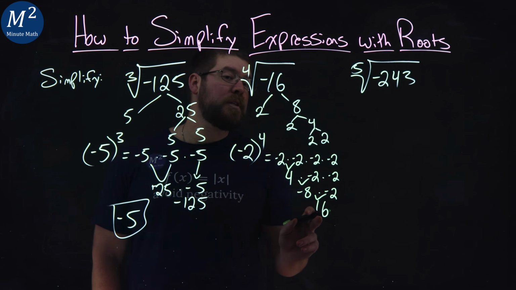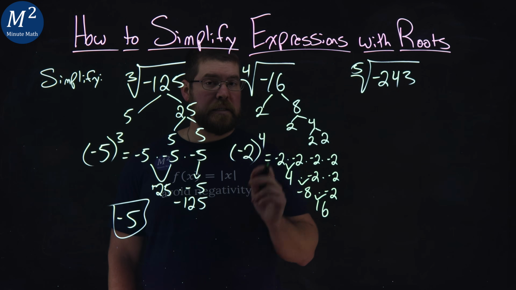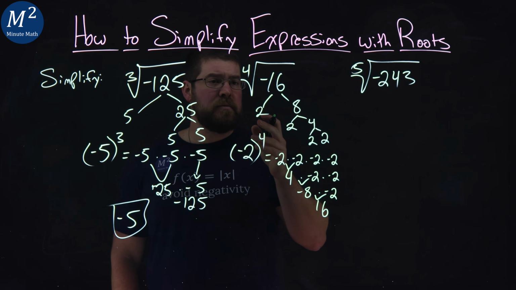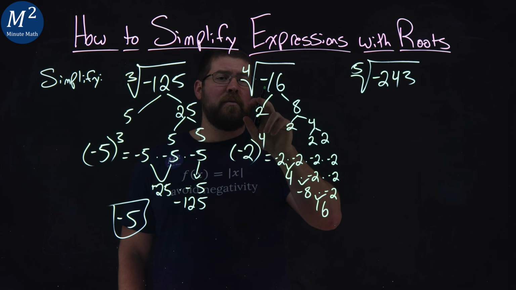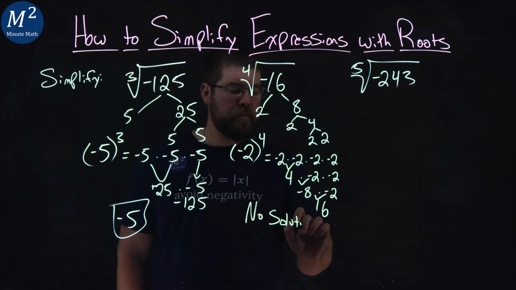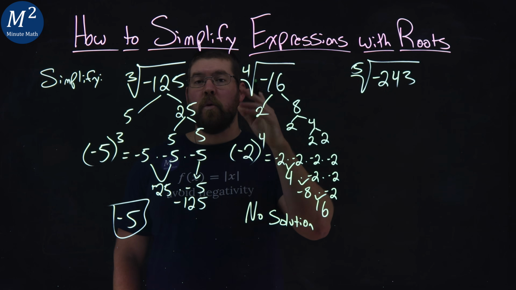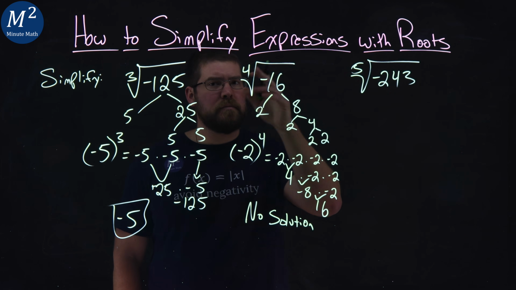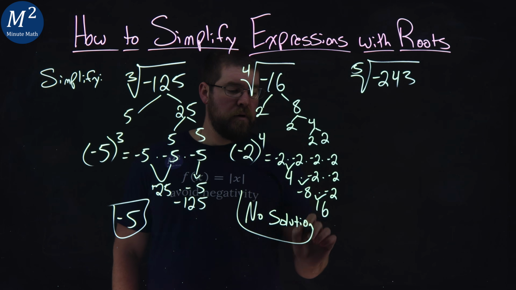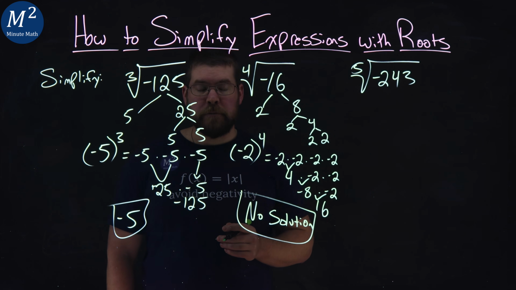And so it's really impossible for us to have a negative 16 here. Now later on you'll learn about imaginary numbers, but for right now, we don't have that. And so this answer is no solution. We can't take a square root or an even root, fourth root, sixth root, eighth root, any even root of a negative number. So there we have it, no solution.